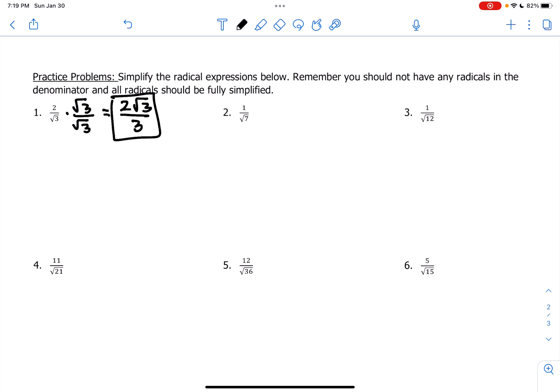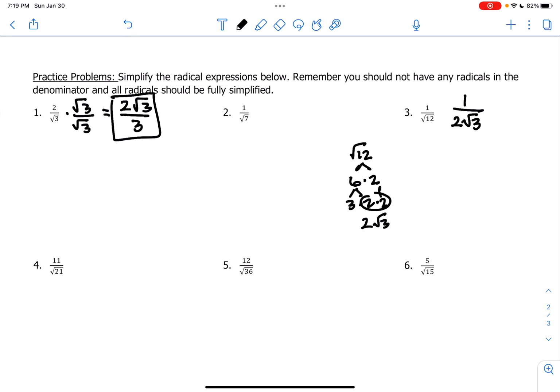Look at number 3. The square root of 12 just isn't simplified. So if I come off to the side and simplify the square root of 12, 6 times 2, 3 times 2 times 2, I have a pair of 2's. So that's really 2 times the square root of 3.